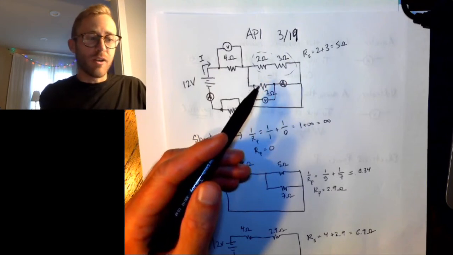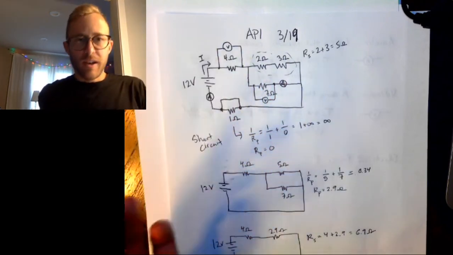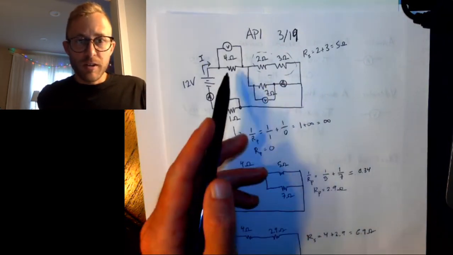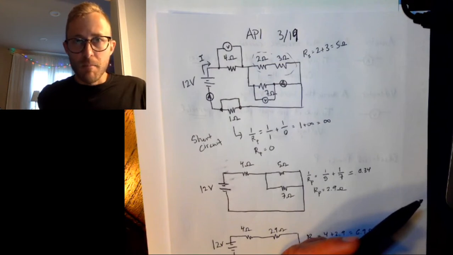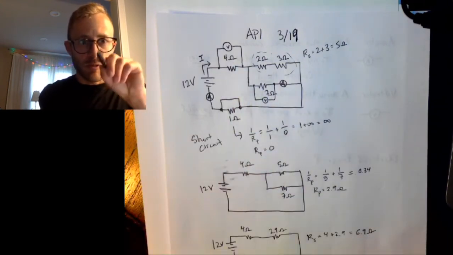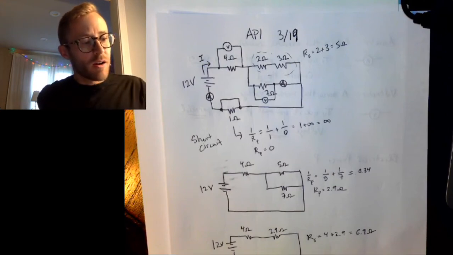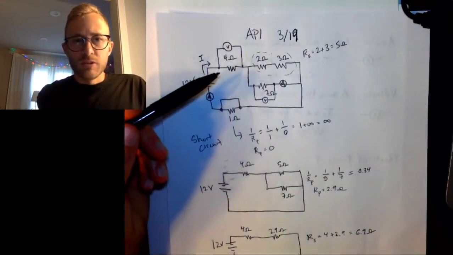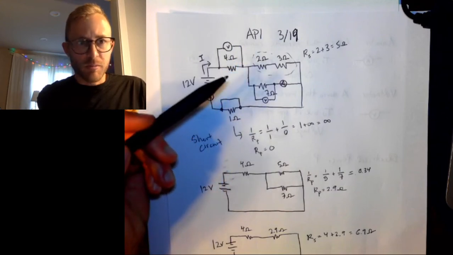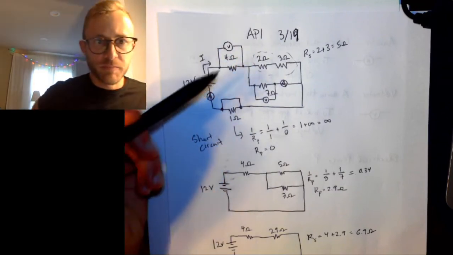It could represent a light bulb, in which case that energy is turning into light waves. It could represent a motor, where that energy is being used to spin something. So this resistor could represent a number of things, but it's using that energy.